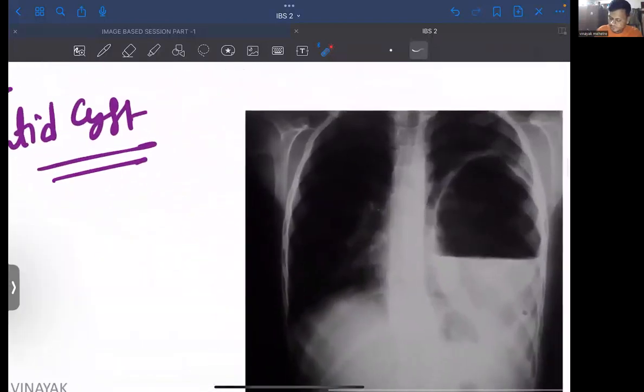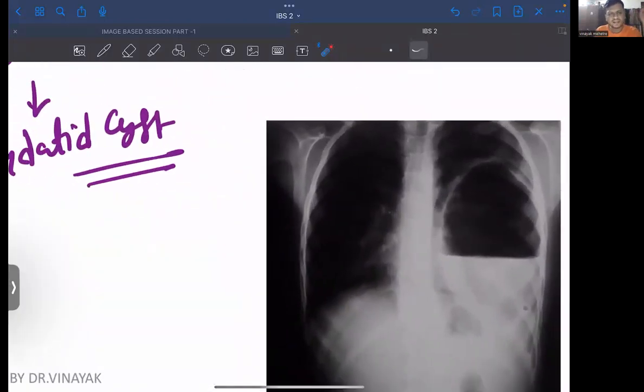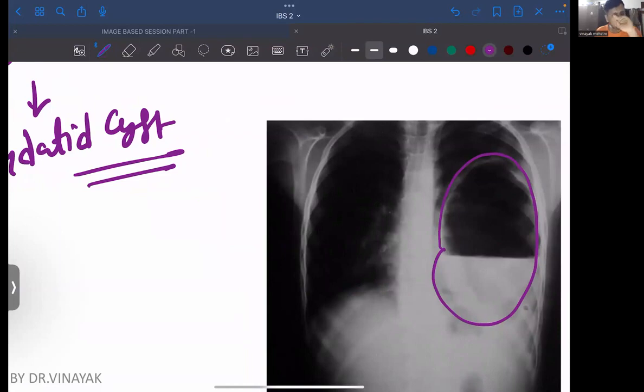Now do not get confused between water lily sign and lung abscess. Lung abscess is formed due to an organism. This is a lung abscess. Okay, the whole thing is lung abscess, and this is pus, and this is the air which is present in that abscess.